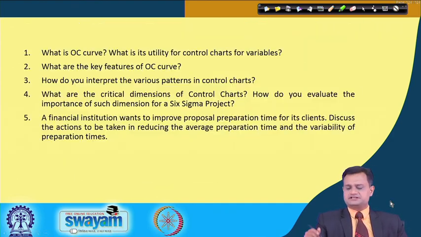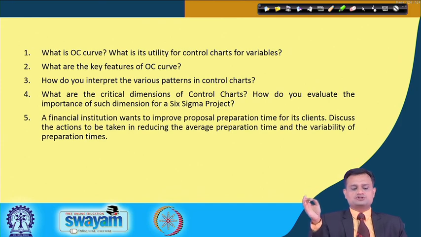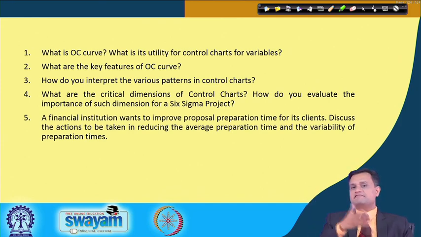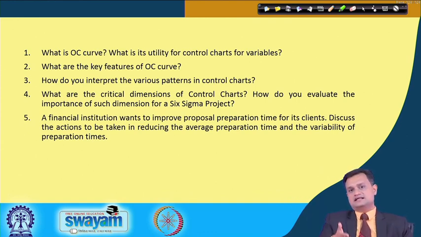Now before we end, let me float a couple of thinking questions that can help you to introspect and revise. What is OC curve? What is its utility for control charts for variables? What are the key features of OC curve? How do you interpret the various patterns in the control chart? And what are the critical dimensions of the control chart? There is a small situation.